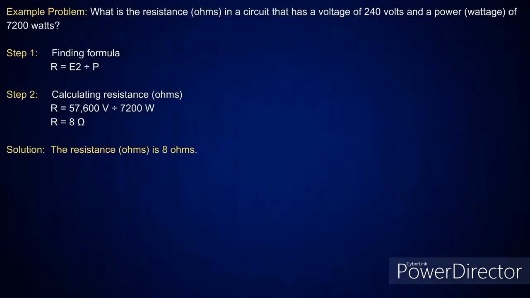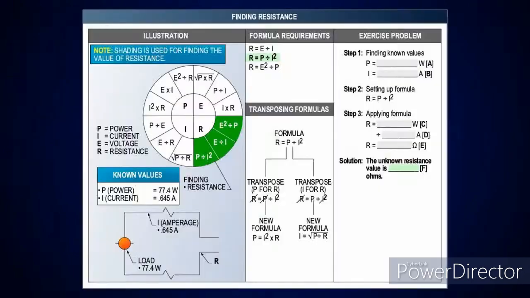So when you look at this one, you've got 240 volts and 7,200 watts. We're going to take the 240 volts, square it, it's going to give me 57,600, divide it by the 7,200 watts, and that's going to give you 8 ohms of resistance.